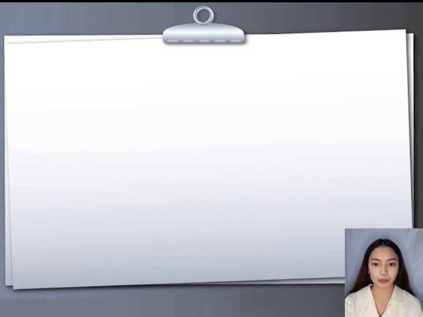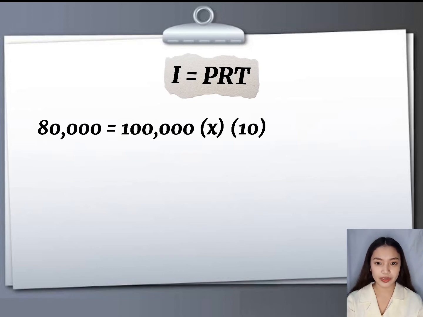So let us substitute in the formula I is equal to PRT. I is 80,000, equals the initial investment 100,000 times the rate. Since we don't know yet what the rate is, that would be our X. And then the time would be 10. Now let us solve. 80,000 is equal to 100,000 times X times 10.